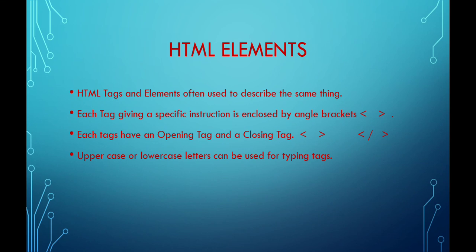A tag may have an opening and a closing tag. The opening tag begins with the angular bracket, and the closing tag has an angular bracket with a slash. Uppercase and lowercase letters can be written in your tags.